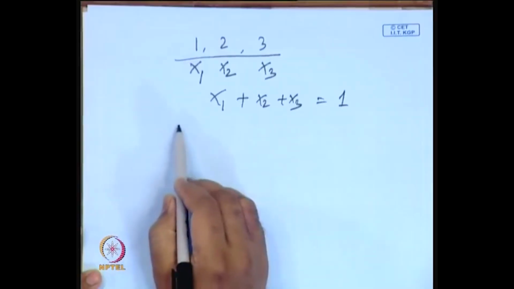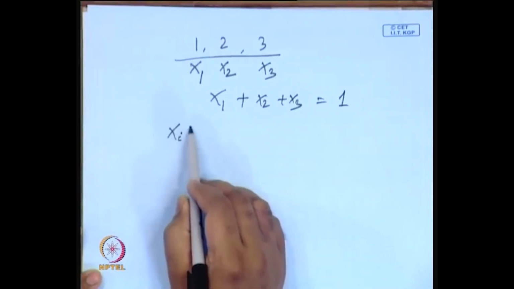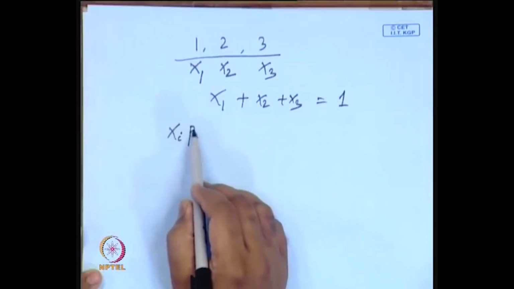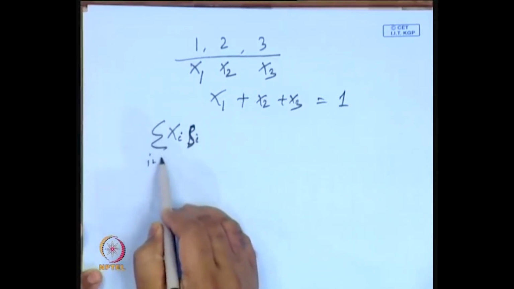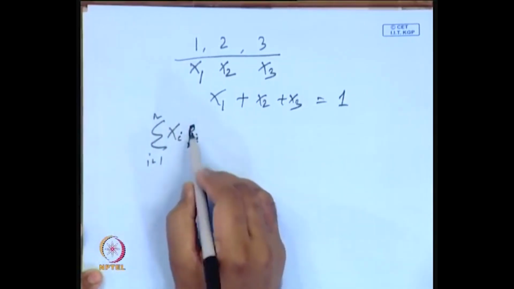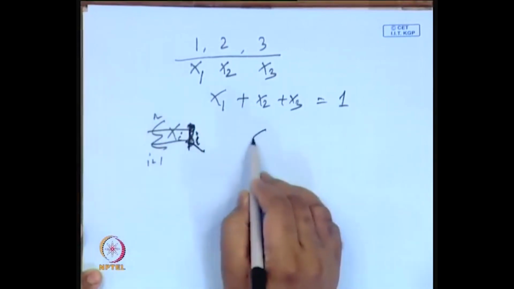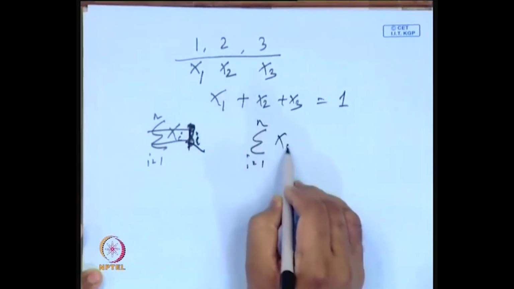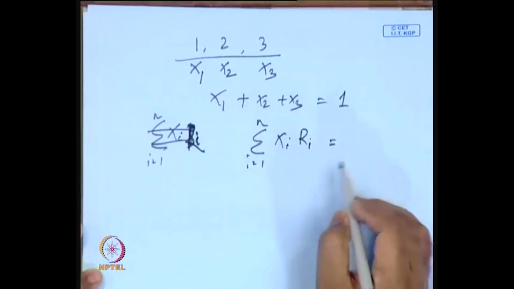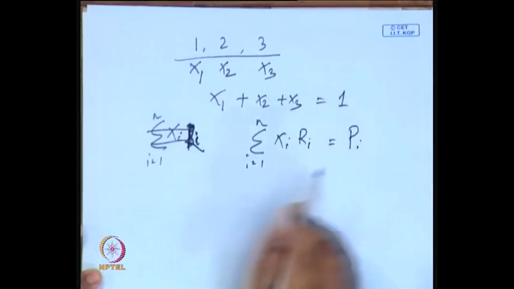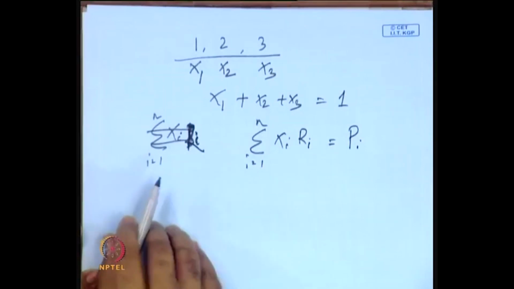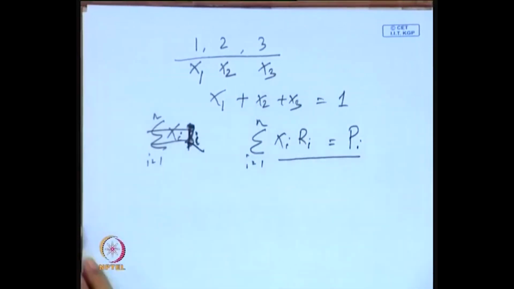That means, if the return from a stock is represented by Ri, then the return multiplied by the weightage you have calculated, summed over the different stocks, should be equal to the portfolio return. That is what this constraint is trying to explain.